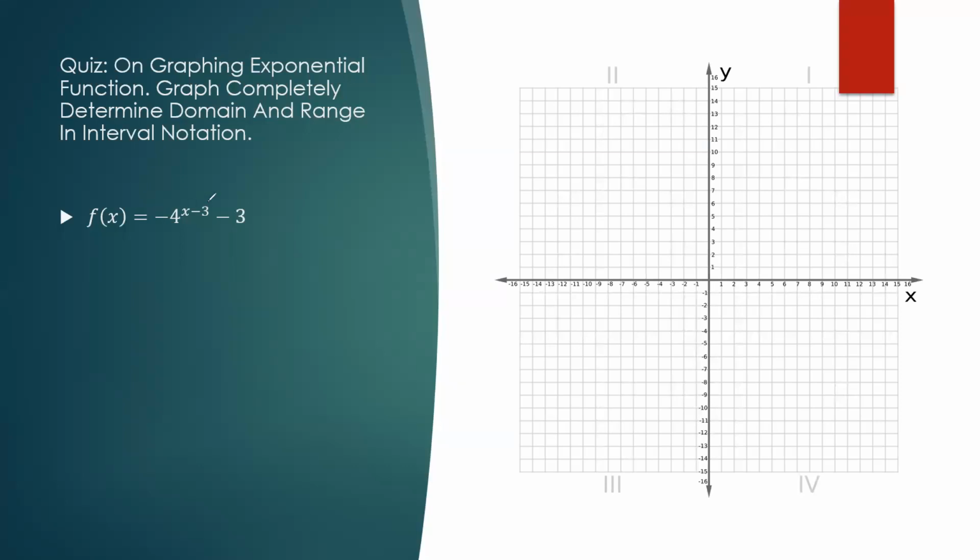There are three things going on. This minus right there means it's reflected across the y-axis.